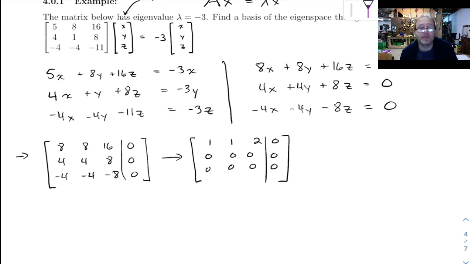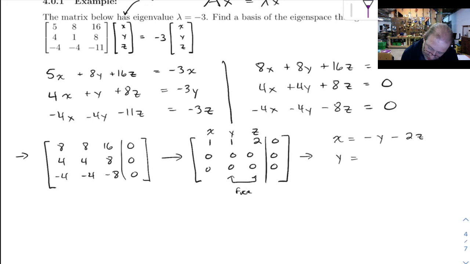All right, something interesting happens. If I rewrite this as a solution, y and z are both free variables. The top line gives me x equals minus y minus 2z. y is just y, and z is just z.